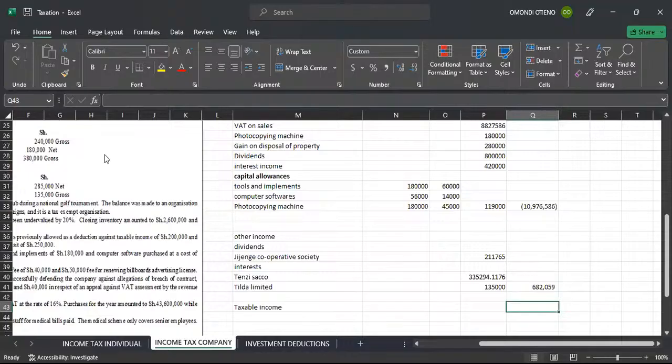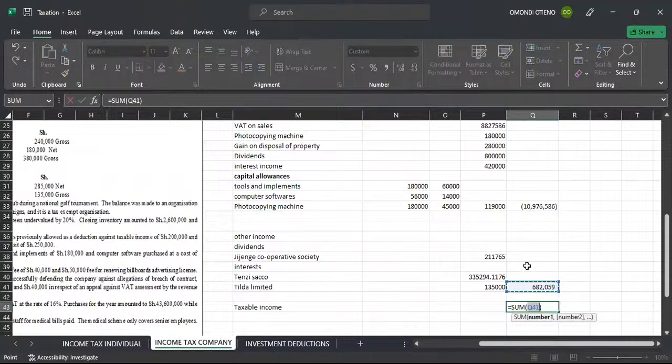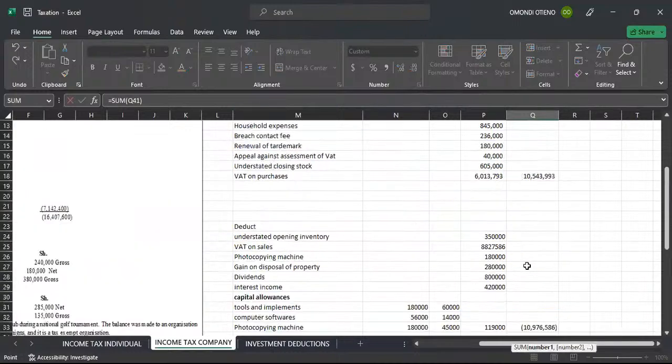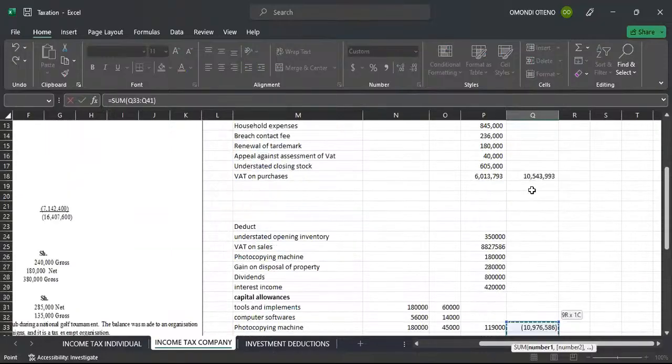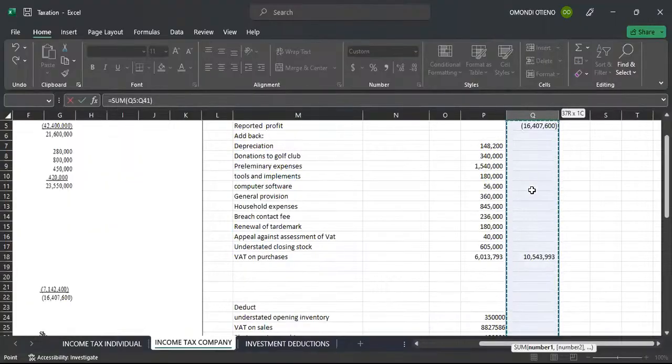Taxable income ni ngapi? The summation of these values in column Q. Ni ngapi? Yes, let me see your figures. Negative 16, 158, 134.